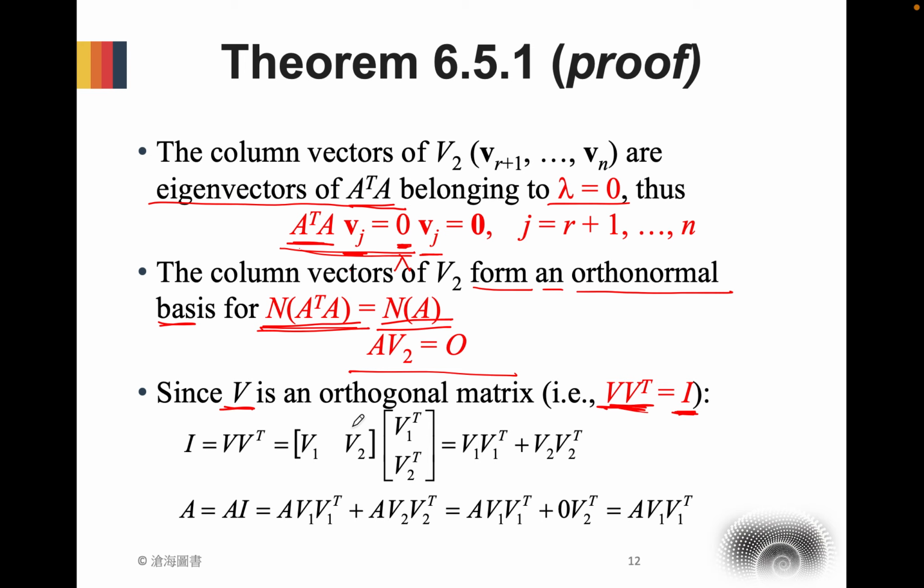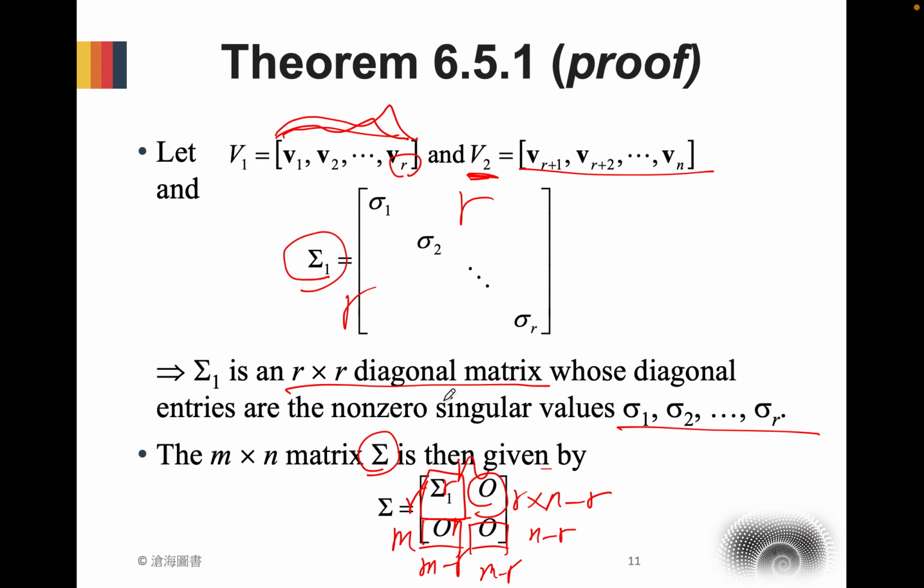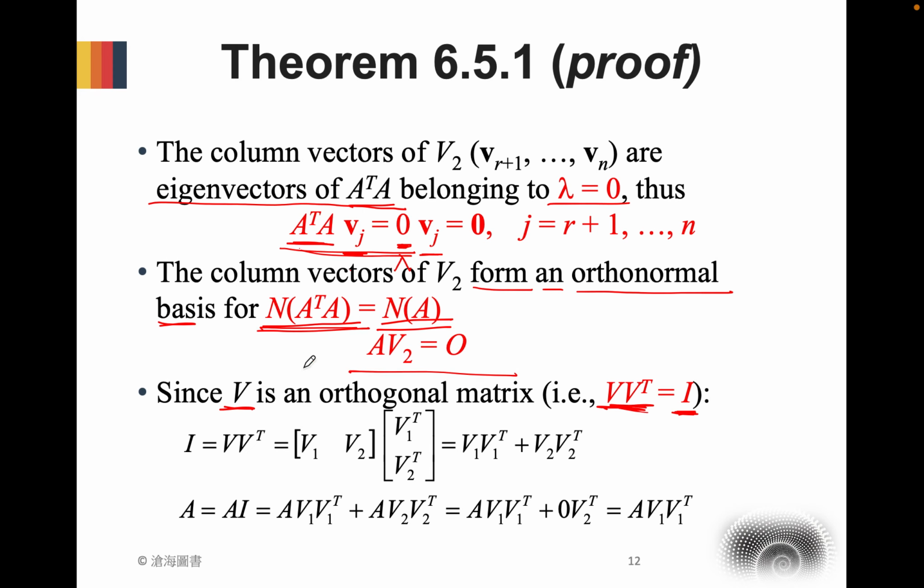And if we separate the matrix V into V1 and V2, remember that V1 is the first R eigenvectors, and V2 is the last n minus R eigenvectors. So the identity matrix is equal to V1 V1 transpose plus V2 V2 transpose.